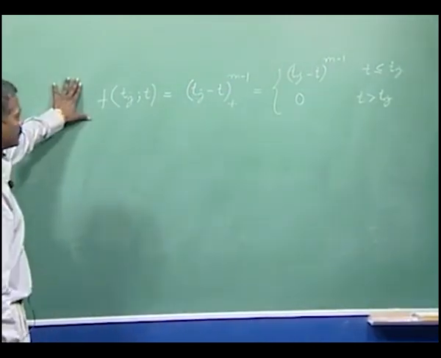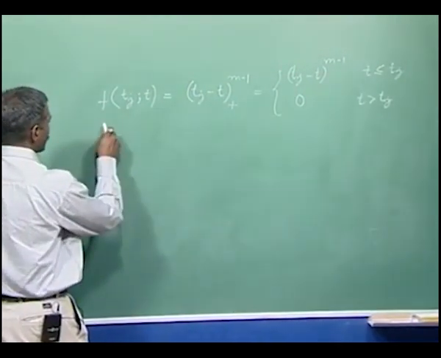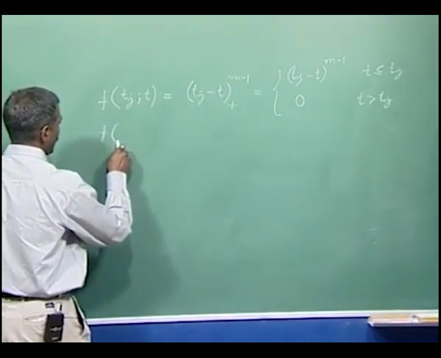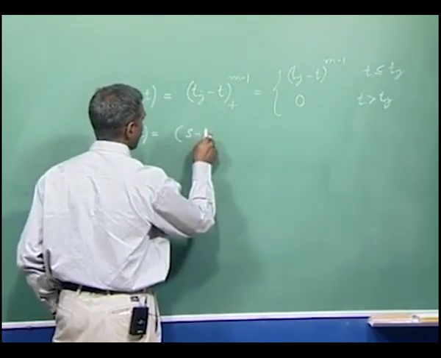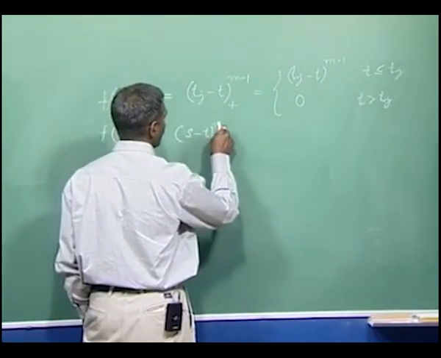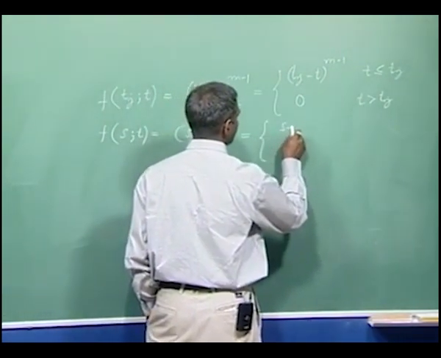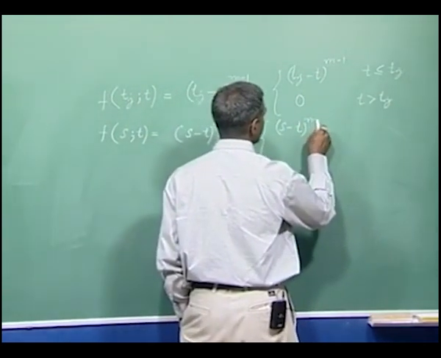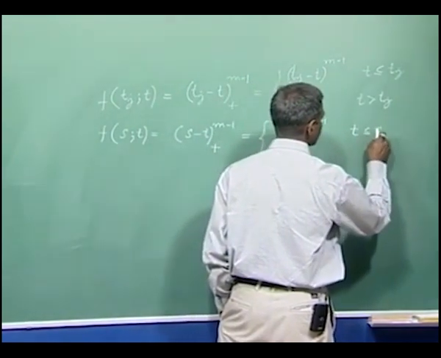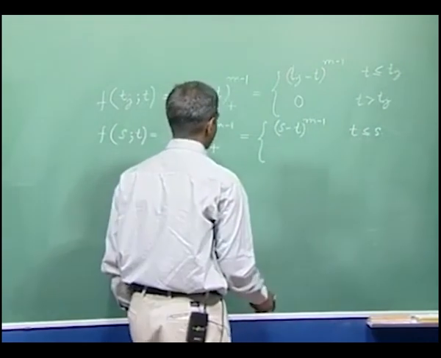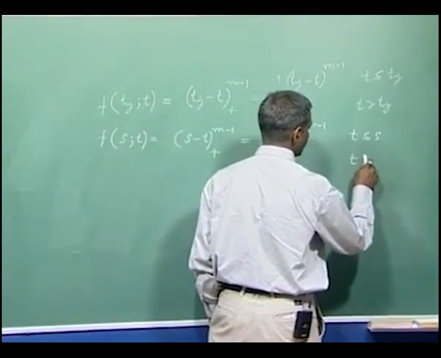Let me generalize this expression. Let me introduce another parameter called s. f(s : t) equals (s minus t) truncated m minus 1, which is going to be equal to (s minus t) raised to m minus 1 if this number here is positive, that would mean that t is smaller than or equal to s, and this function is 0 if t is greater than s.